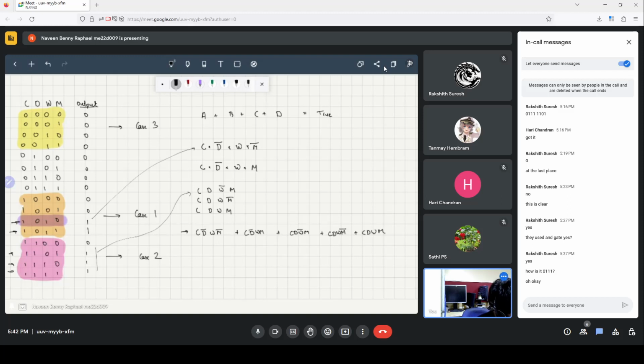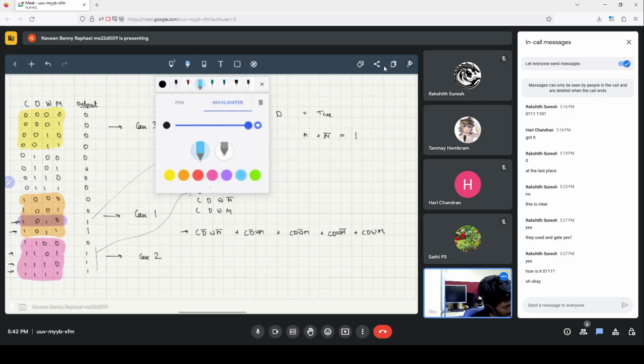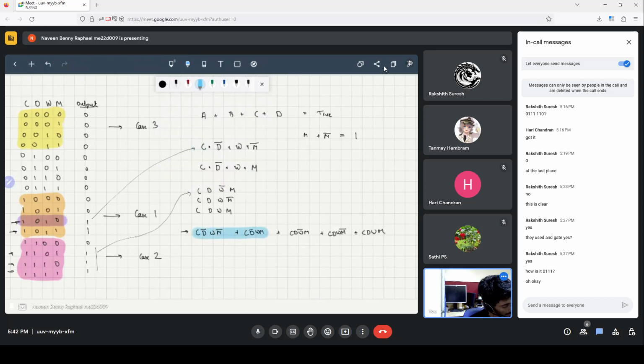For example, we know that M plus M bar is equal to 1 always, because either one of these has to be true at all times. So this part can simplify to C D bar W, because the M bar and M will cancel. I'll write it out.